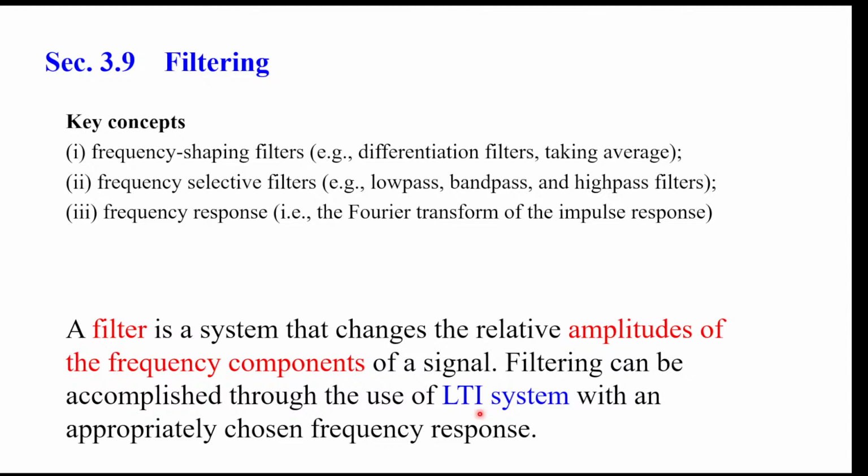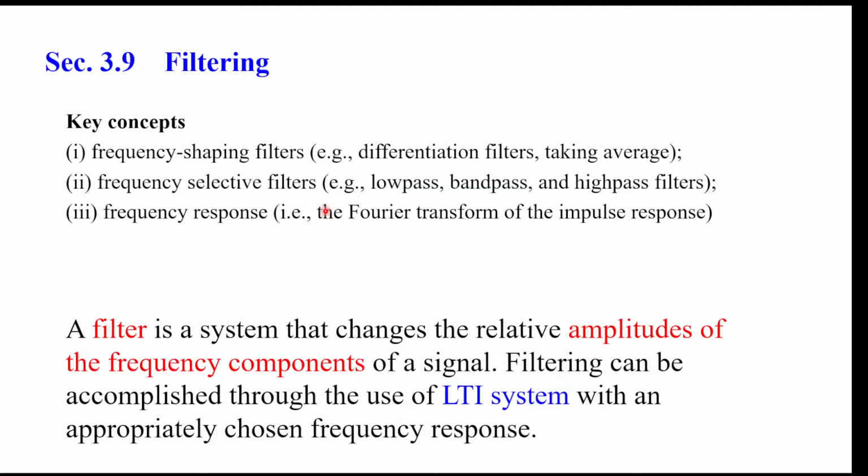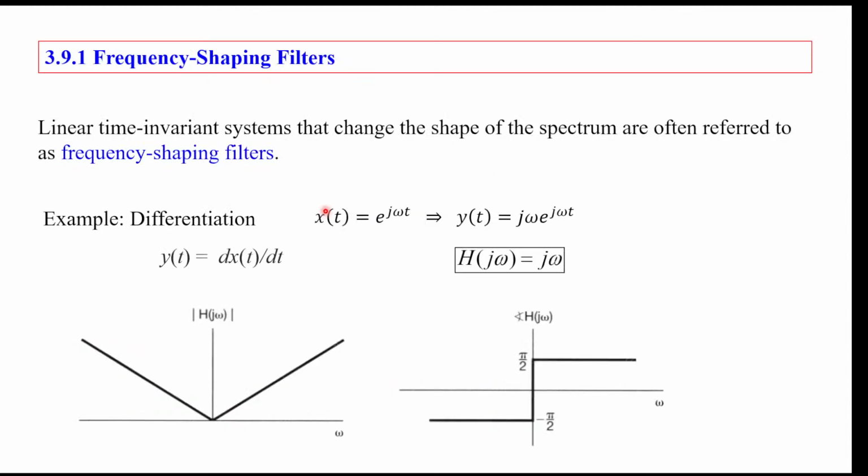We'll see in more detail in this section that filtering can be accomplished by designing your LTI system with an appropriate frequency response. LTI systems can give you different big H, and that gives you the desired effect you want.